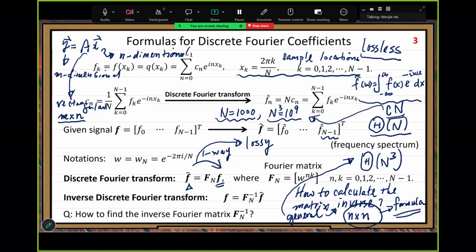Then, for its inverse, you do not need to do the calculation. You just do some simple math operation. On the next slide, we will see its inverse. You only need to do a simple math operation on that matrix, and you get its inverse, because it's a special matrix, not a general matrix.